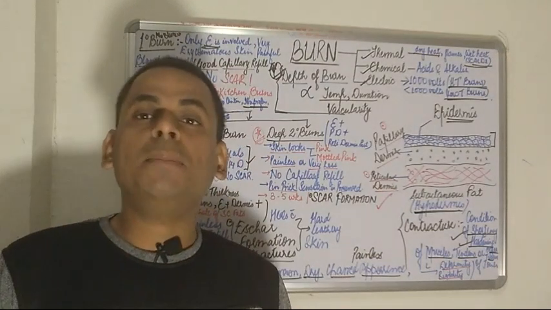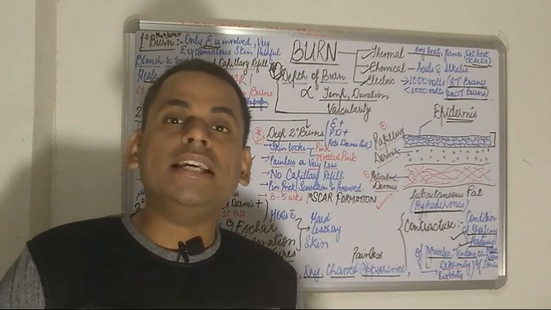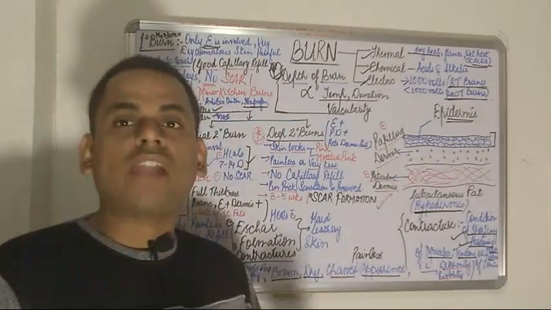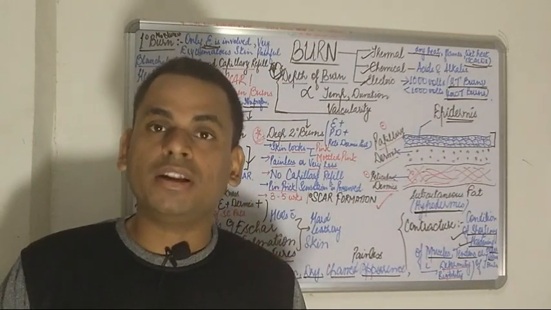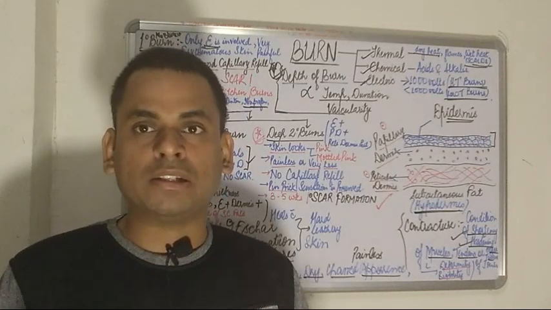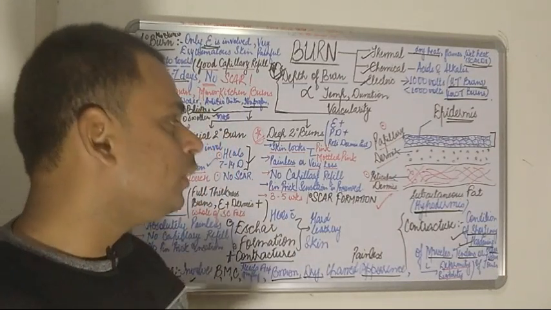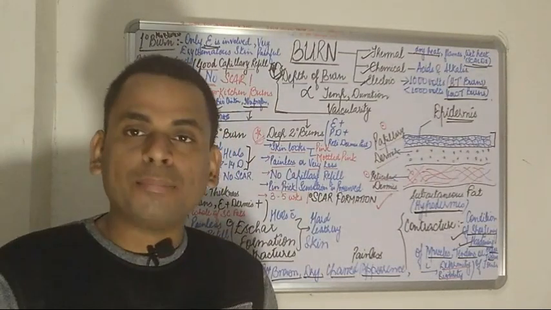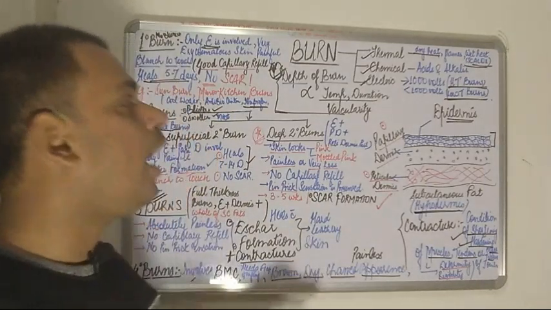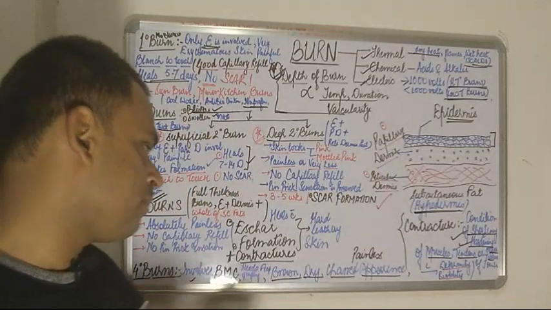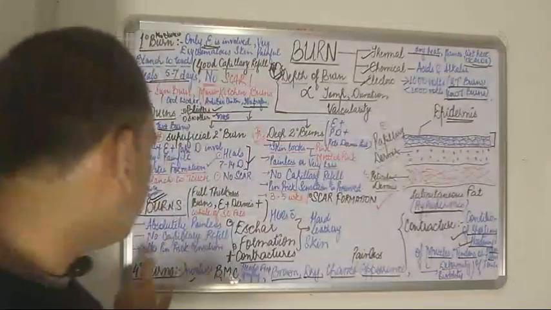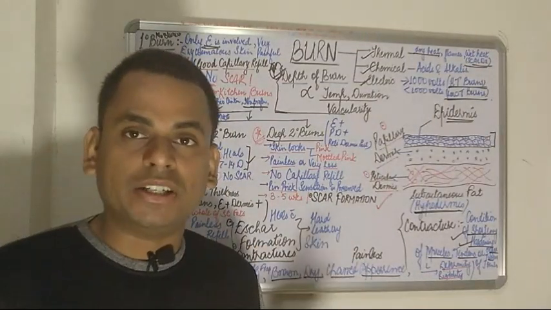And the 4-degree burns need treatment either by grafting or flap surgery. So if a 4-degree burn comes to the hospital, into the emergency department, after the primary treatment has been carried out, they are mostly treated by doing a flap surgery or doing grafting.